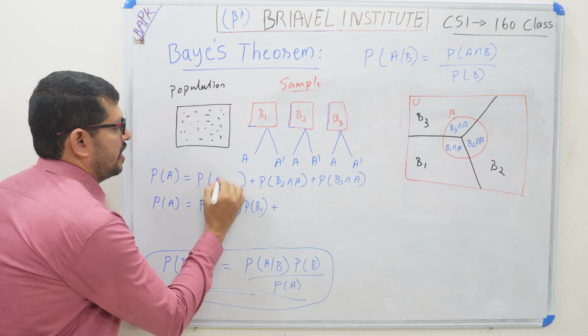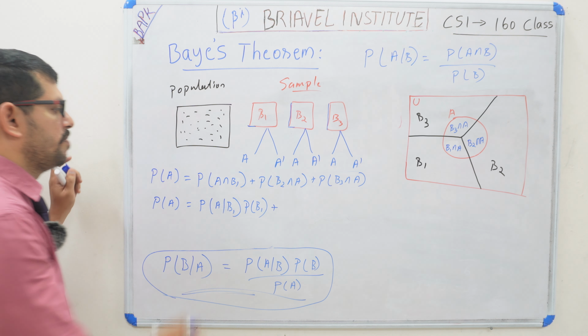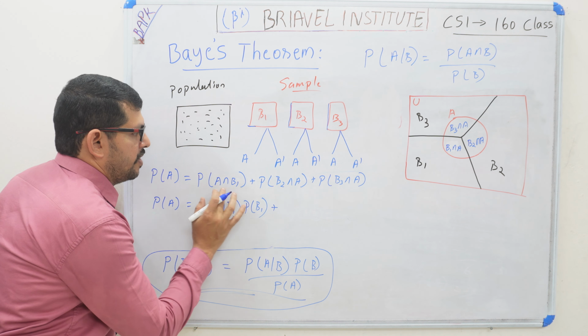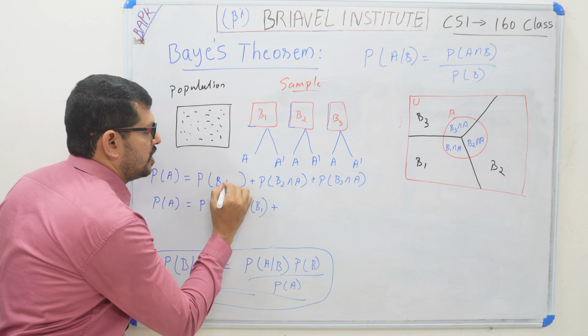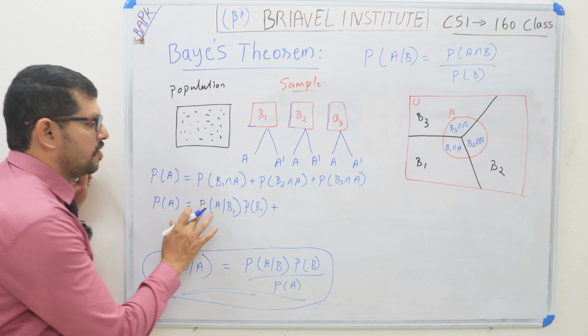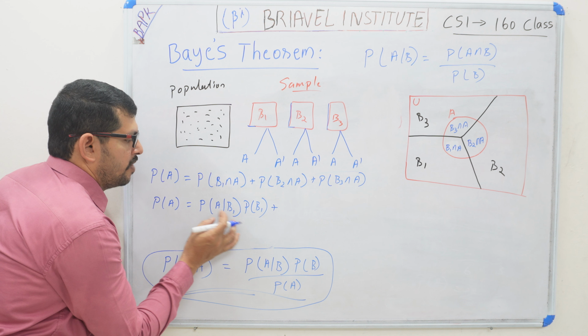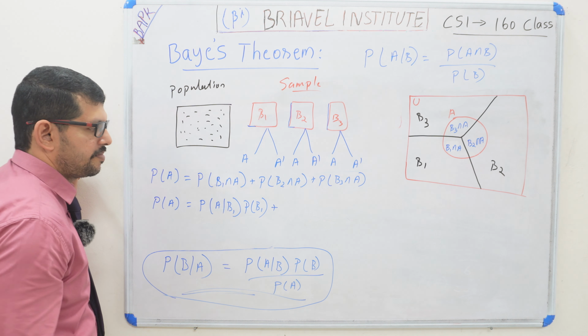We can write like that, A intersection B1 or B1 intersection A, whatever may be. We can write both ways, so both are equal. So this one, what is the chance under B1, given B1, what is the chance of A, and the total probability of B1.